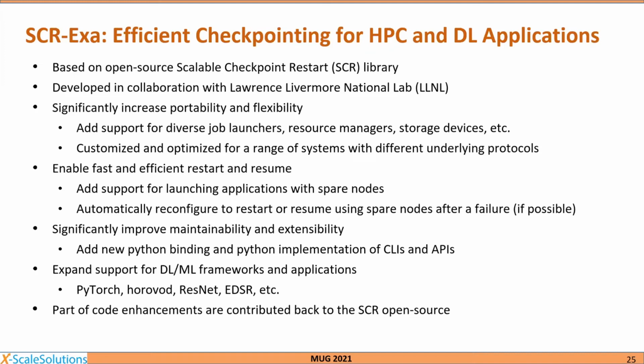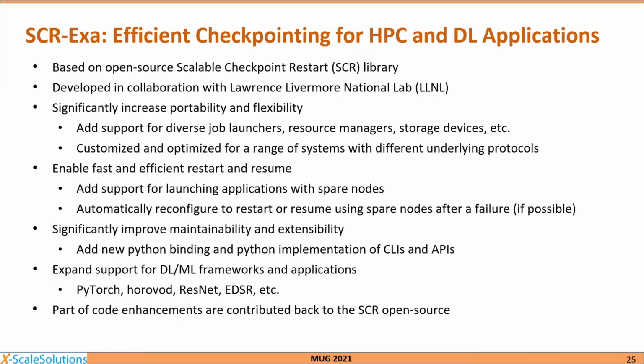Now, the other one is we enable fast and efficient restart and resume, like what I just illustrated a little bit back on the last slide. So we add support for launching applications with spare nodes, just in case you know the fault model, or at least some of the often occurring ones.